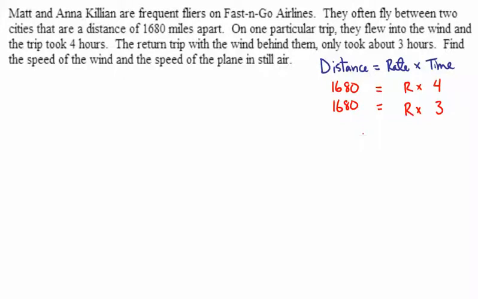When you're going, the plane is moving this way, but the wind is moving this way. And so that's going to slow down the plane. When you're coming back, the plane is moving that way, and the wind is moving that way, and what's going to happen is that you're going to speed up.